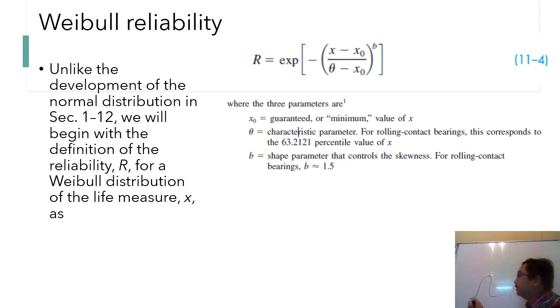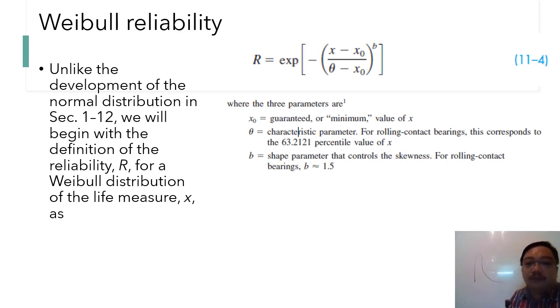This is the normal distribution. But for the Weibull distribution, the graph will be somewhat like this. This is the typical graph for the Weibull distribution. Mathematicians know better than me.